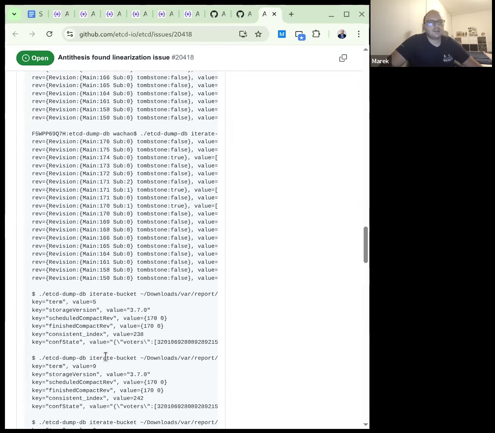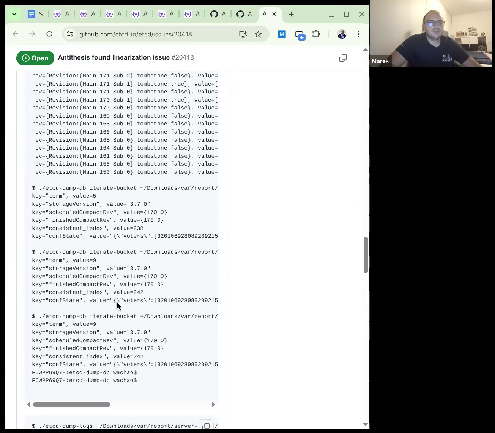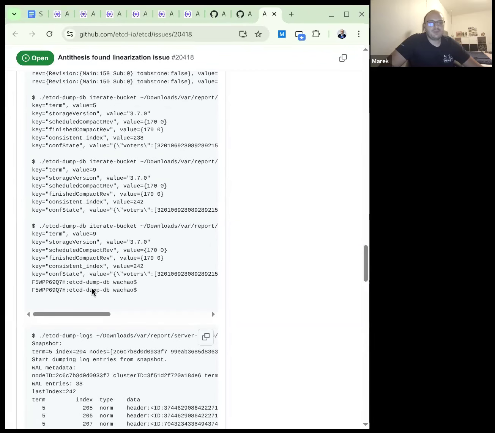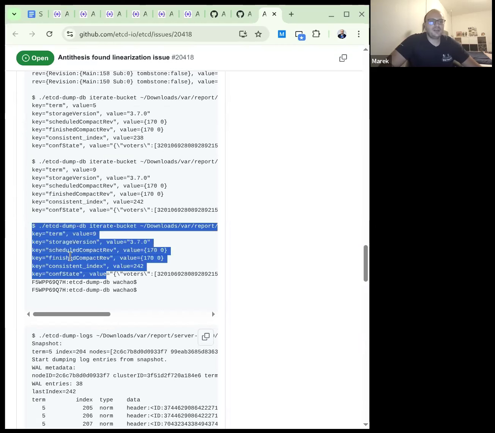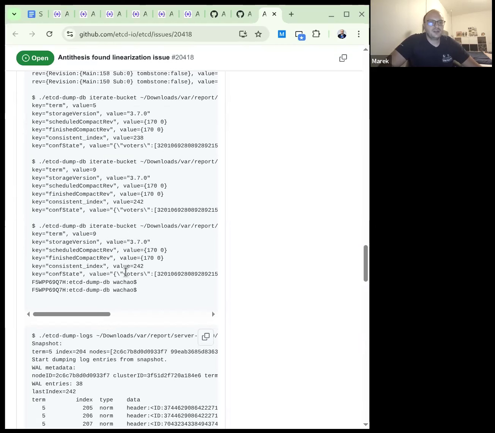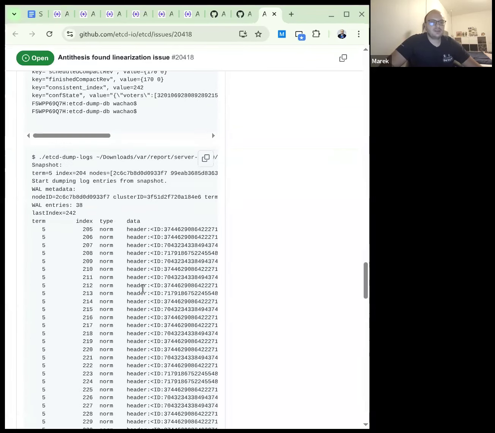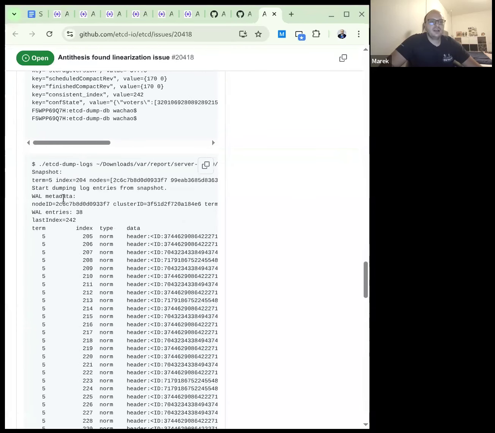Sorry, this is a bucket that has metadata about etcd. Well, that's a big topic, maybe we could discuss at some other time: what's the structure of the etcd file? But if you know, you can read this. This is the contents, so you can start reading it and try to understand and maybe get better knowledge of how the etcd database works.